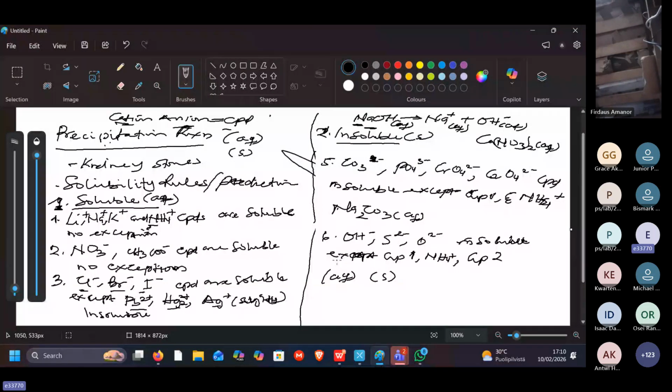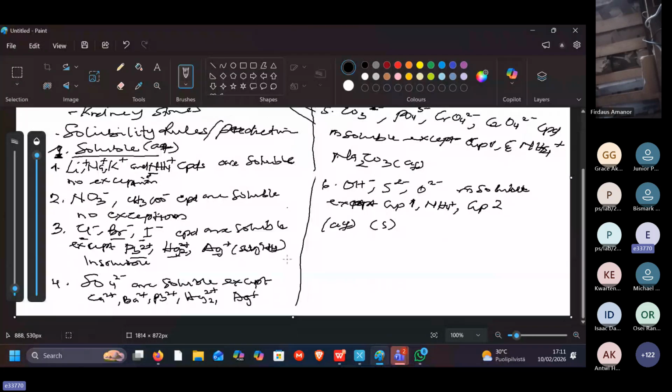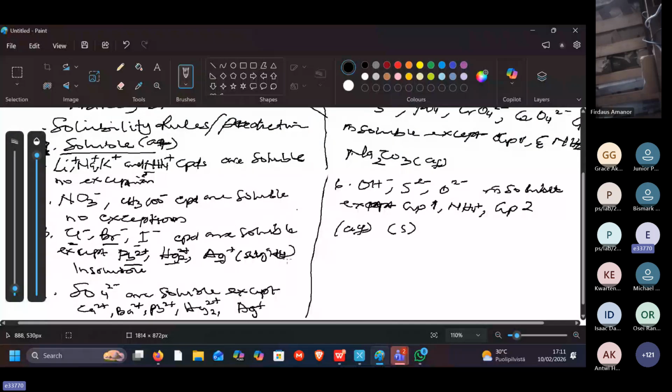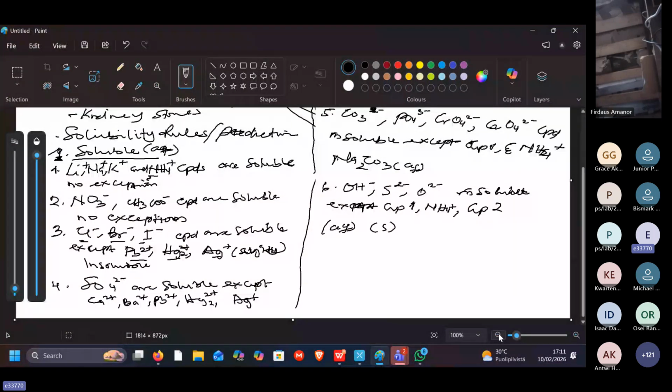So that's where we get the soluble compounds. Now, those that are insoluble. Did I mention the sulfates? Sulfates are also soluble, except when that sulfate meets with those having the plus 2, that's calcium, barium, lead, mercury, and of course silver.